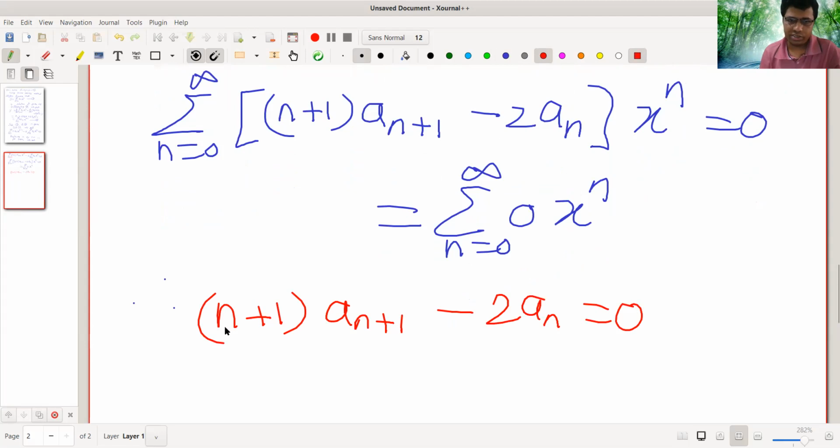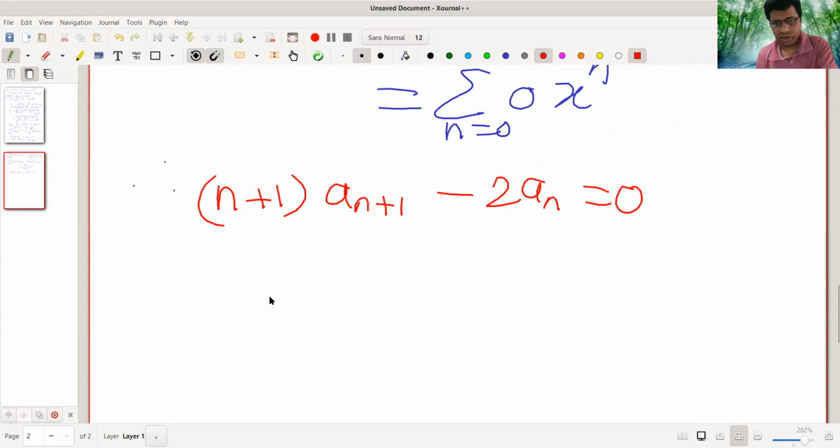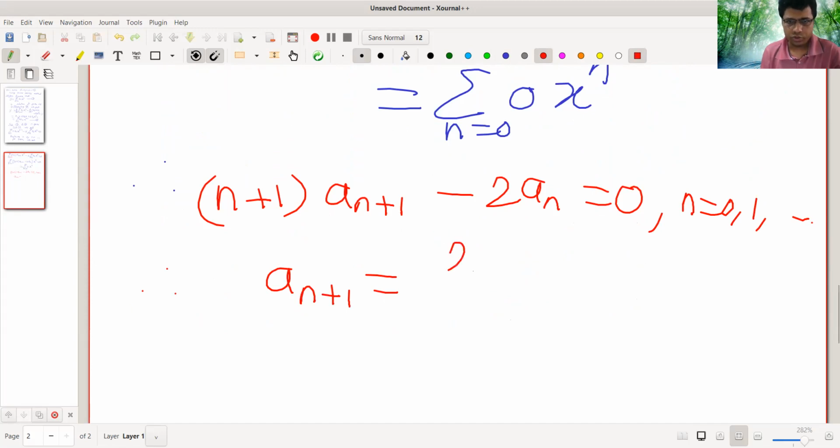This is an important relation, and this is for n equal to 0, 1, 2 and so on. Therefore, we can have a n plus 1 in terms of an. So a n plus 1 equals 2 an divided by n plus 1.